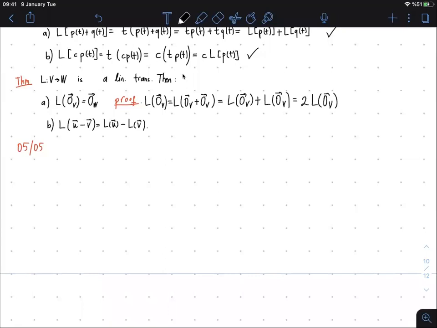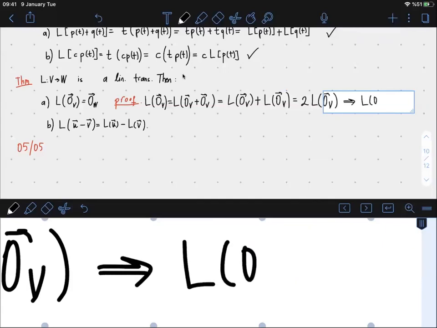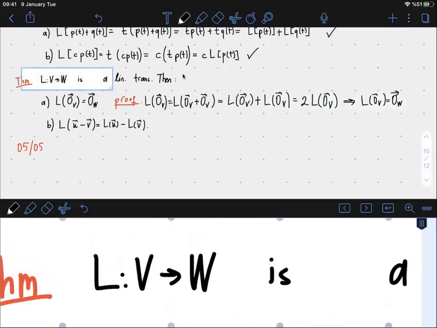From here, we can take this part to the other side, and we see that this vector must be the 0 vector. So this implies L of the 0 vector must be the 0 vector, but this time the 0 vector on the right is in the other vector space, the W vector space.